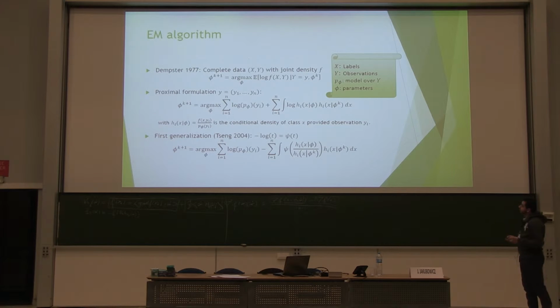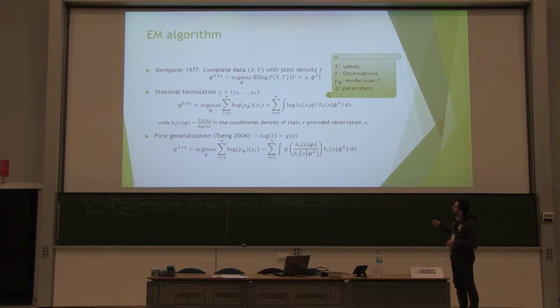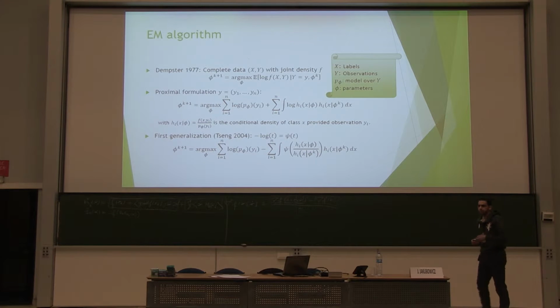What we want to calculate is the vector of parameters which defines the model over the observations. The idea behind the EM algorithm is that we try to maximize the expectation of the logarithm of the complete likelihood. What is the complete likelihood? It's just that we use the joint density of the observed and the unobserved data together, given the observation and the previous vector of parameters.